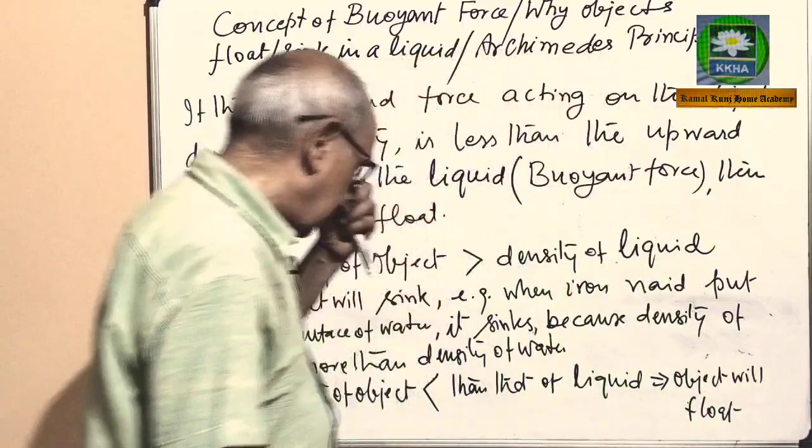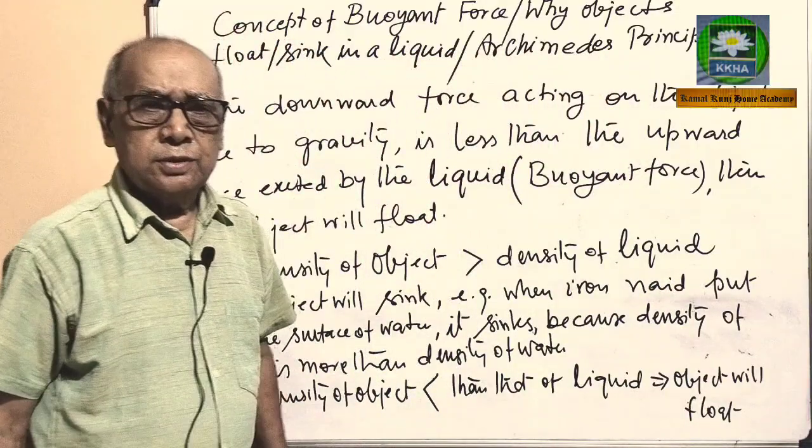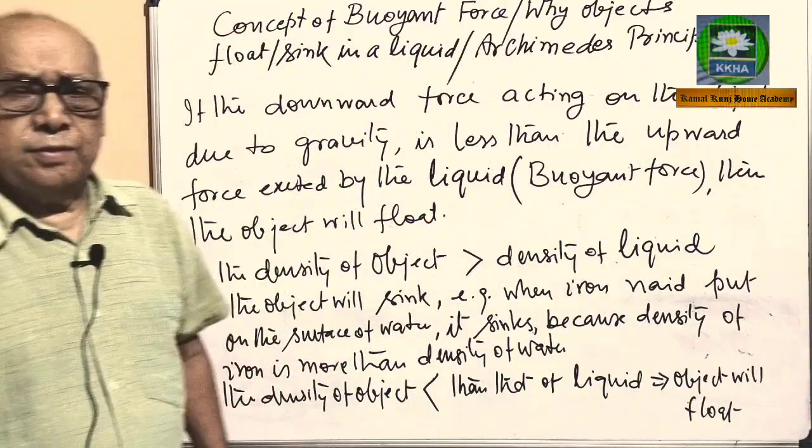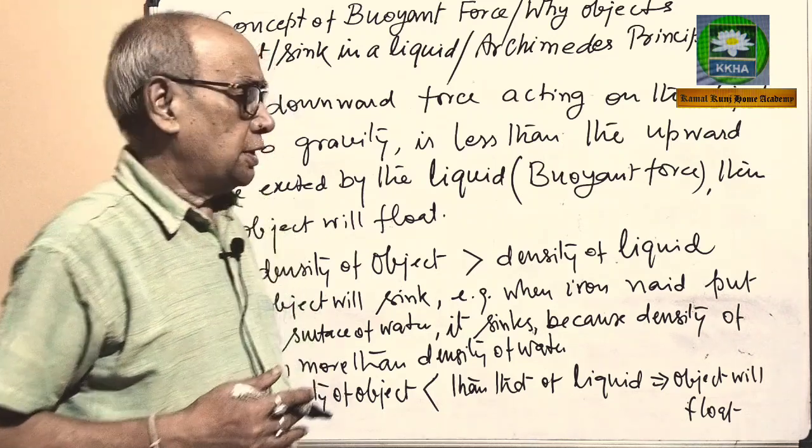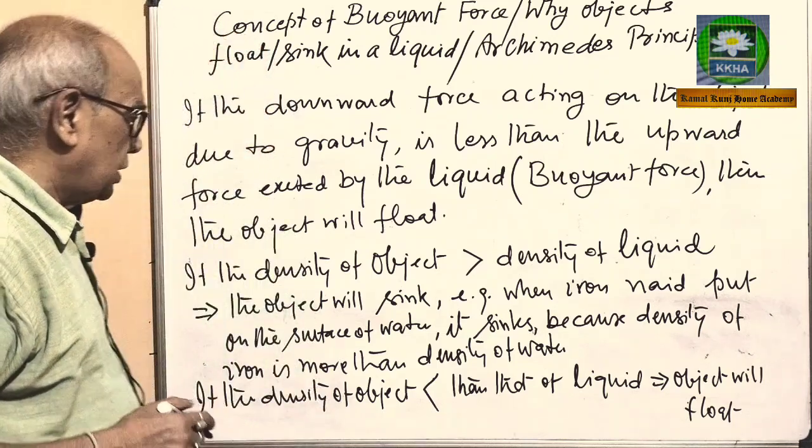For example, cork, when put on the surface of water, it floats because density of cork is less than that of water.